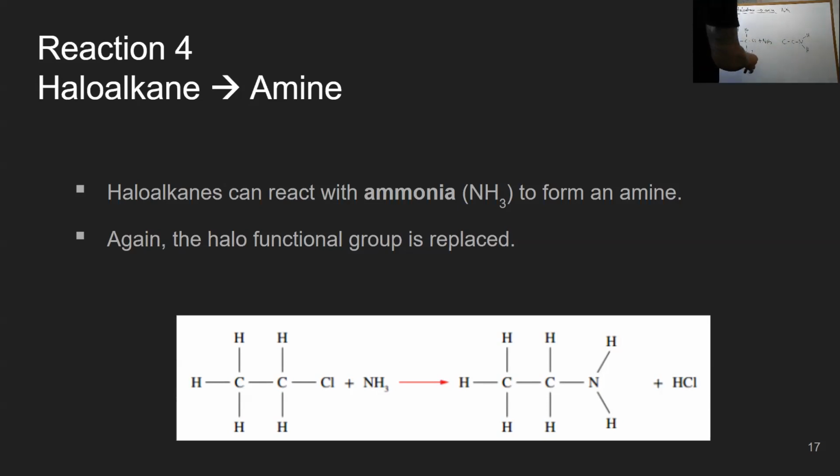And then because we have one hydrogen left, and then we also have a floating chlorine, it produces HCl as well. So it produces the amine and also produces hydrogen chloride or hydrochloric acid.